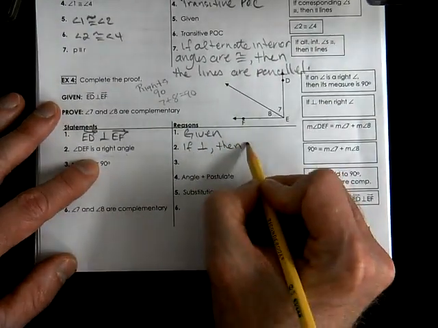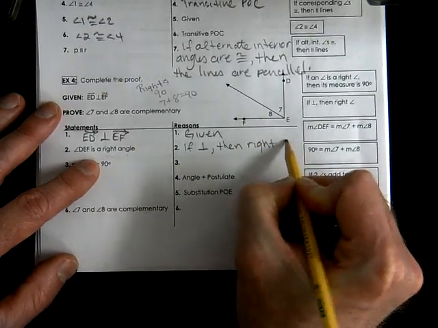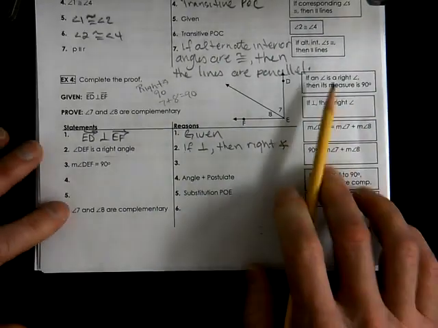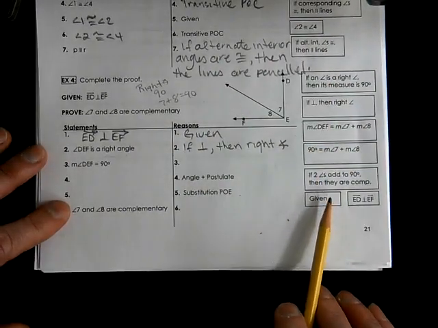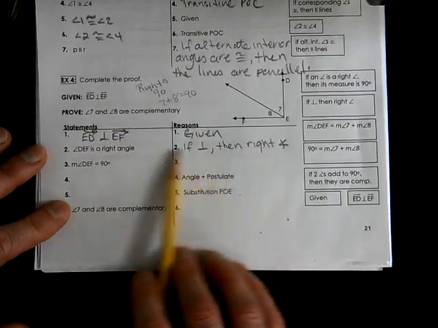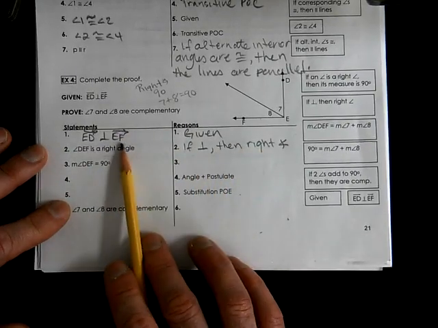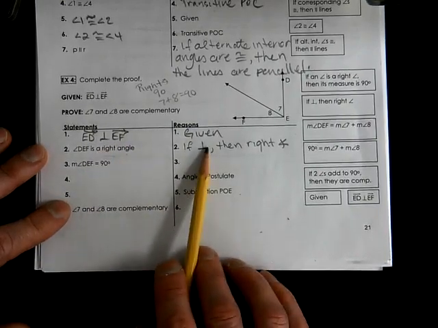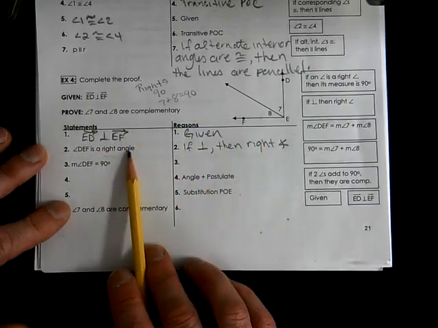Well, we can say then right angle, and you did it without just copying a box. I didn't even read the boxes. If came earlier, then is happening right now. Look at the if-then statement. It's exactly what's in your proof.